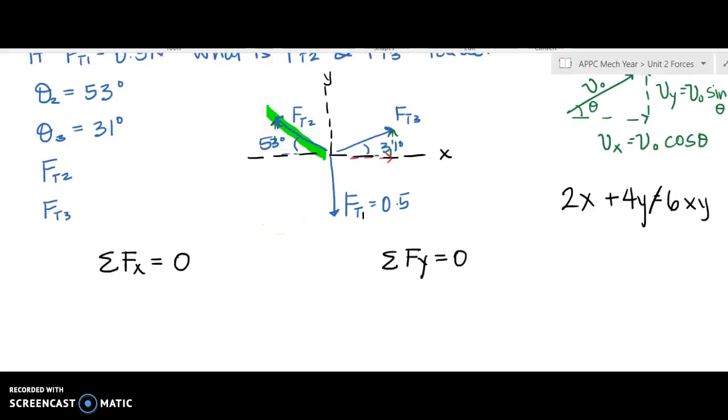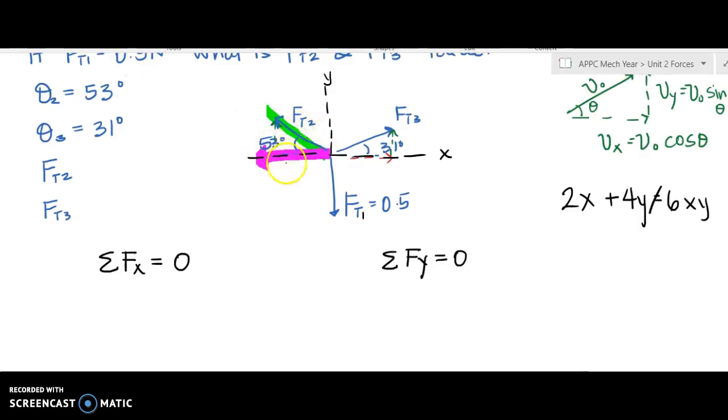Both. Alright, so we want to find the x component here of that force. So just like we used this trigonometry to determine the base of the triangle and the height of the triangle, I want the base of the triangle I can make with that force vector.